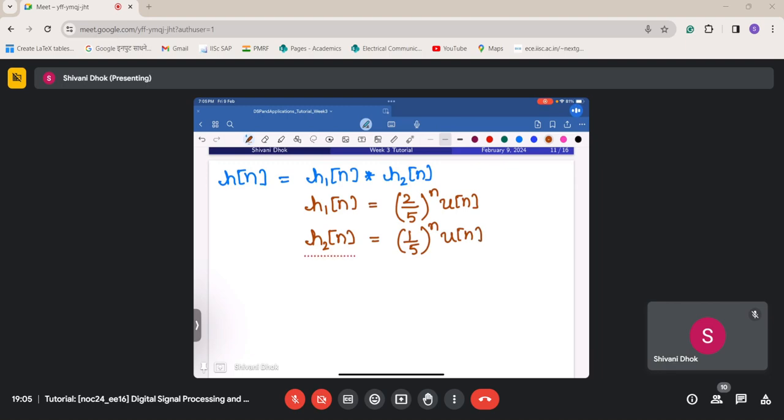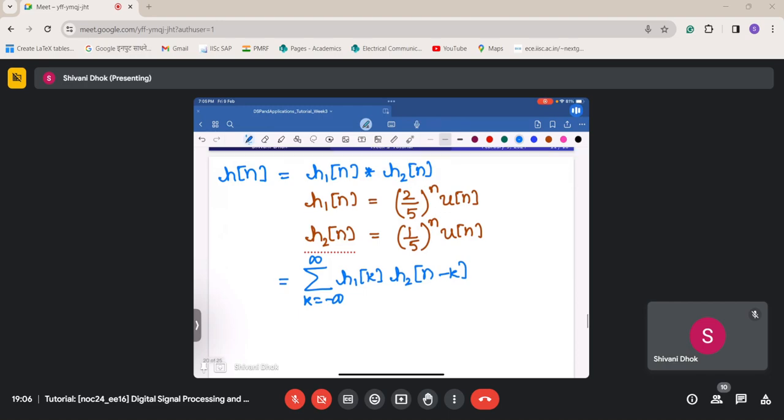So we are having this. Now we can just use the definition of convolution. So we have summation k running from minus infinity to infinity, h1 of k into h2 of n minus k.